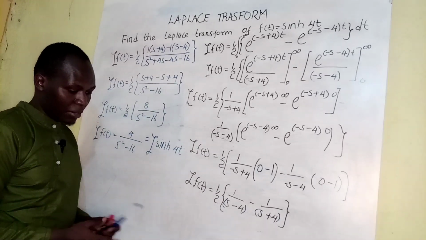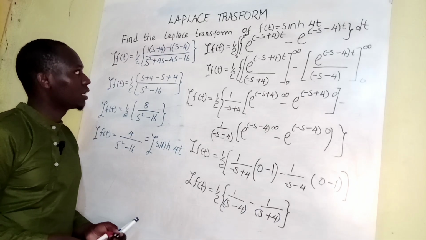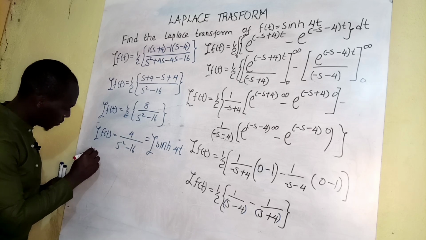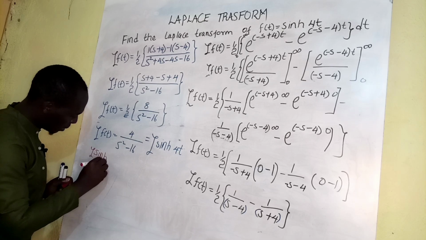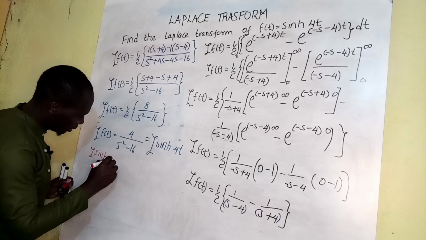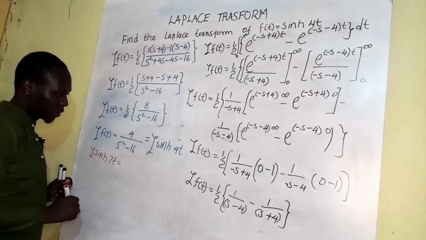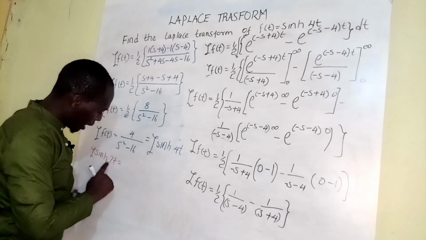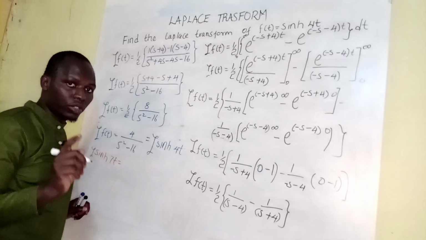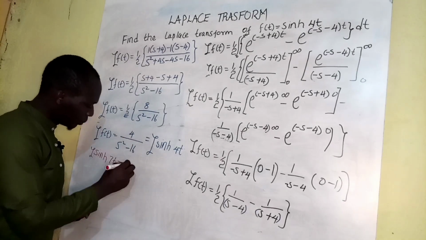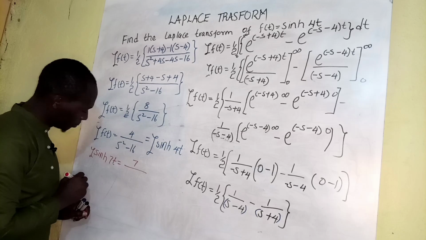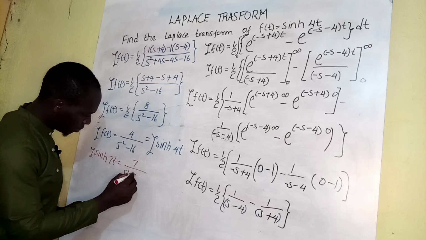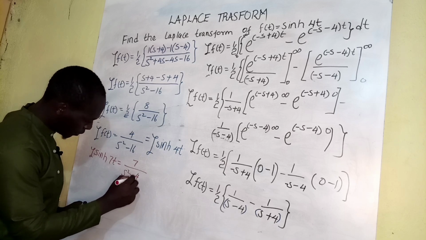But in some instances, you can be told directly to get the Laplace transform of, for example, sine hyperbolic 7t. We understand that 7, at this point, is equal to the term of a. To mean that we are going to have 7 all over s squared we subtract from 49.